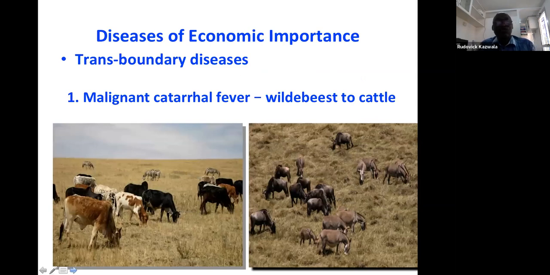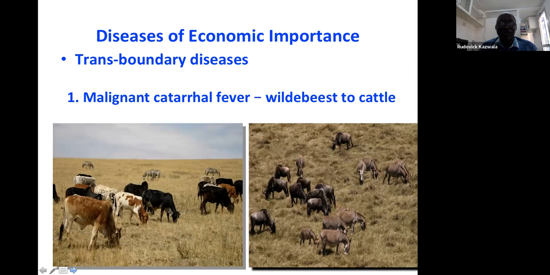Among the diseases we looked at in our work were transboundary diseases, which are reportable as required by WOAH. One of them is malignant catarrhal fever, where we know that wildebeest are reservoirs, but this disease may infect cattle, especially during the calving season of the wildebeest.